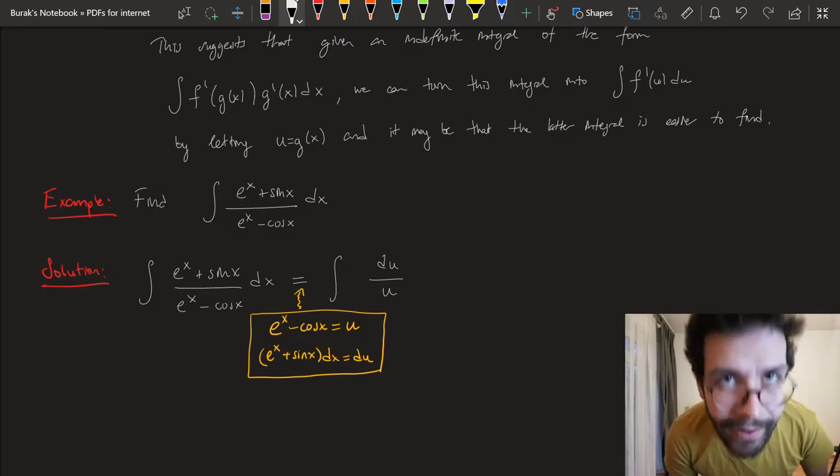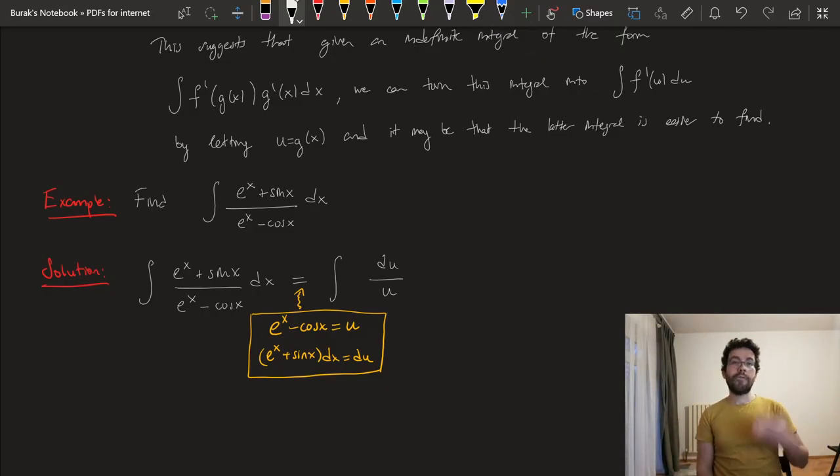Now I get the indefinite integral of 1 over u with respect to u. And u is here a dummy variable. This is the same thing as the, well, okay, no, I'm taking that back. There's something important there. U is not as dummy as you think at the moment.